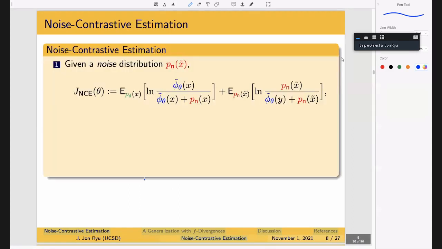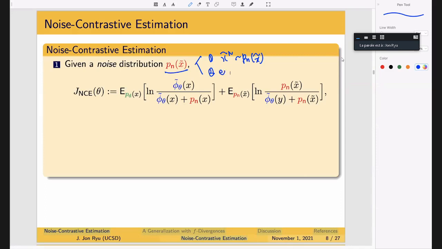Right, so here is the noise contrastive estimation objective function. Given a noise distribution Pn, I'm gonna assume two things. First, it is easy to draw a sample from this noise distribution.